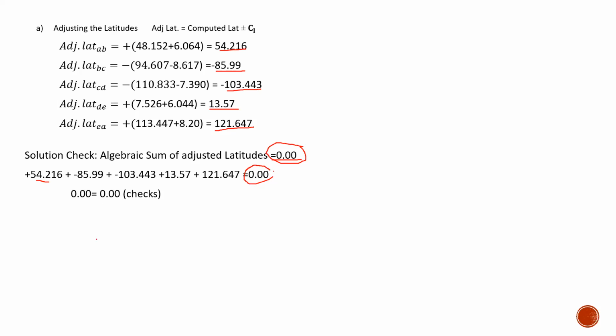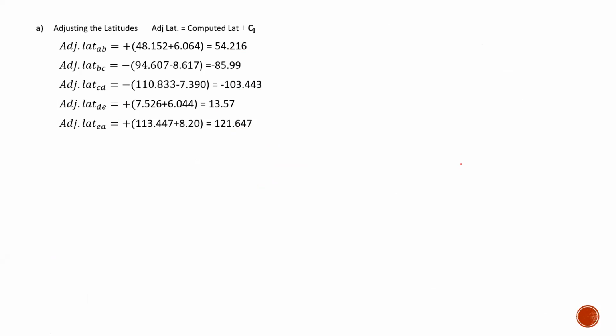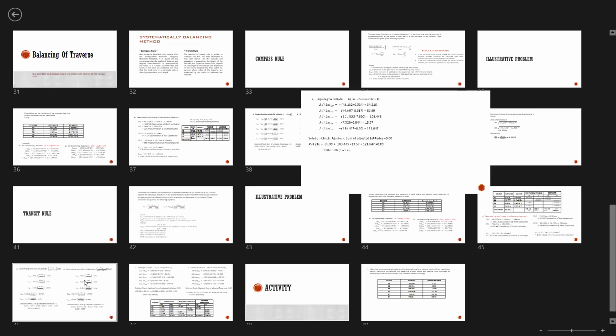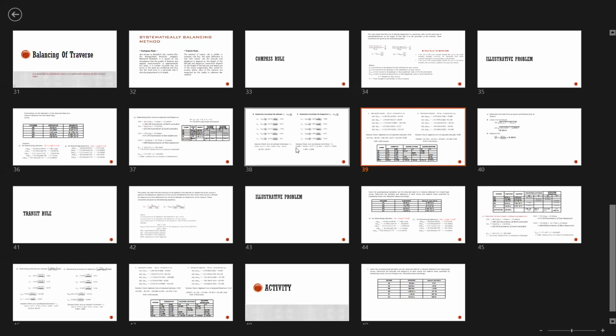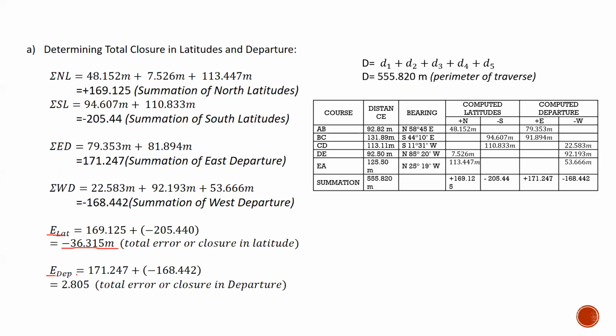Check naman natin siya or i-correct naman natin siya when it comes to your departure. So for your departure, ano yung gagawin natin? Napakita na ni ma'am. Kung titingnan natin dito, ano yung nag-exceed? Yung error ng departure natin is mas marami yung ano.